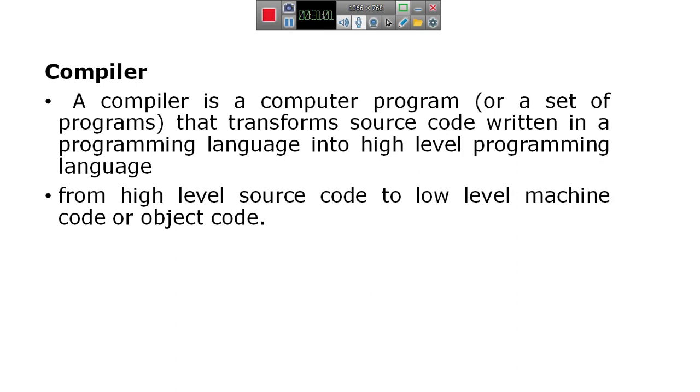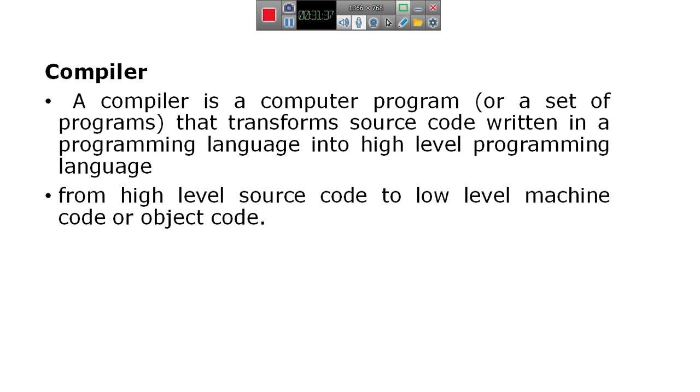Like that, each and every programming language in the market, such as C++, Java, or any other high level programming language, requires its own compiler, and the vendor who develops the programming language also develops the compiler.